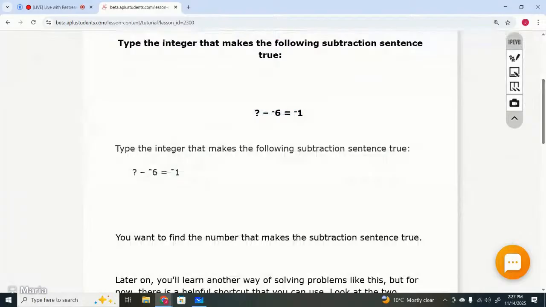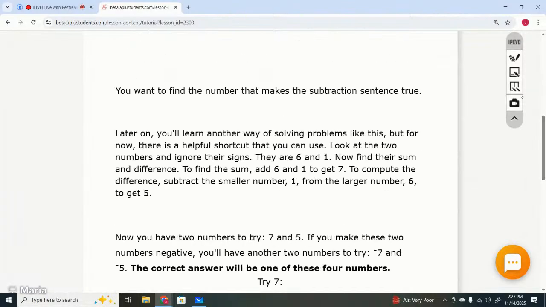Type the integer that makes the following subtraction sentence true. So the missing number minus negative 6 equals negative 1. We are given the options.